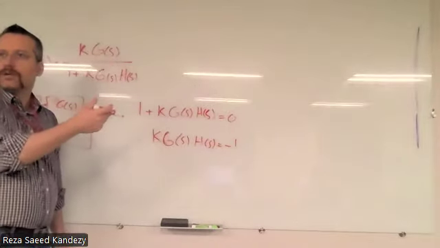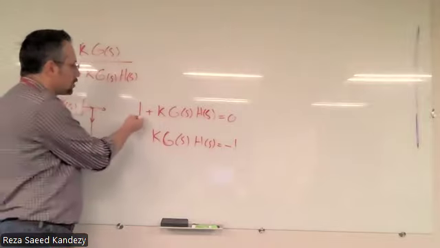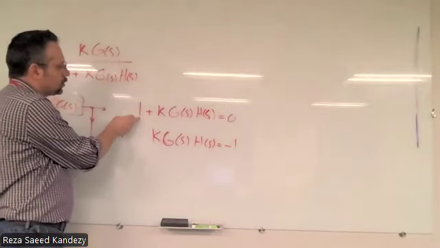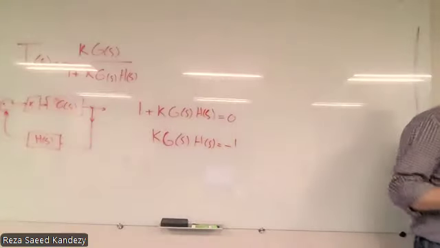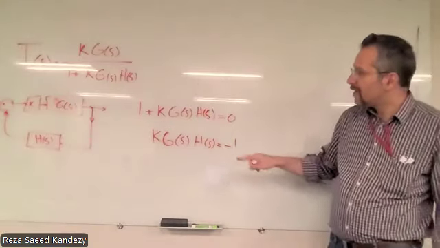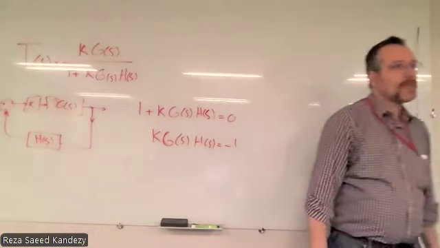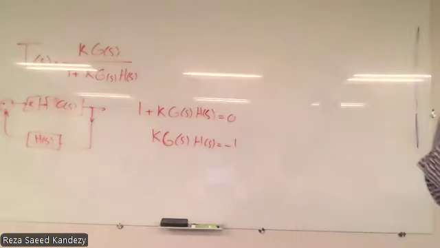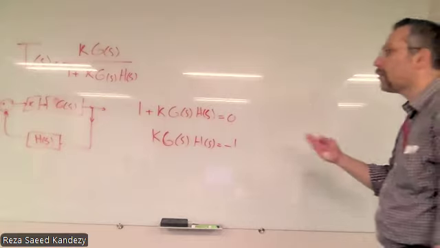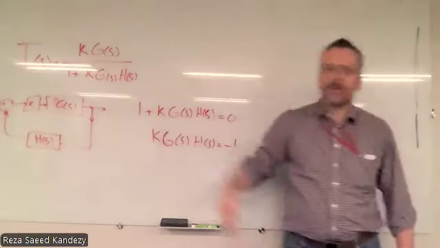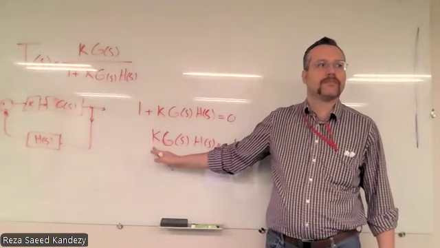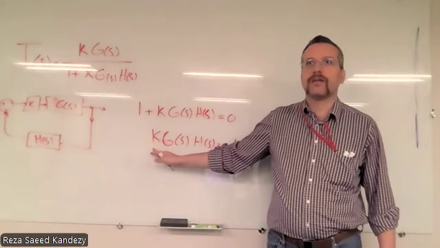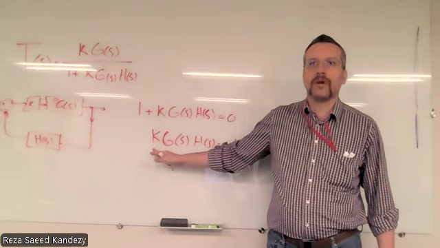It's a simple mathematical trick. We just transfer this 1 to the other side of the equation. Now, what does that mean? We know that K is a parameter, and in our simplified situation is simply a gain, which means it's a constant value, correct?